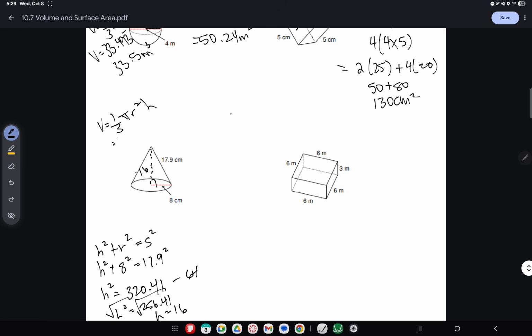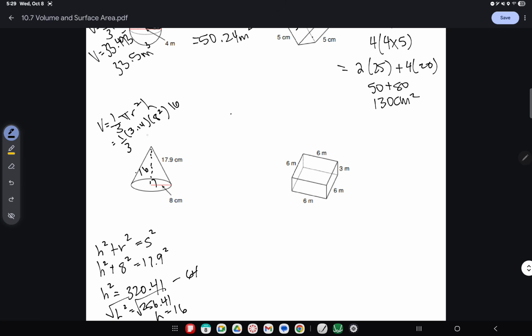So the volume is 1/3 pi, 3.14, r squared, which is 8. And then the height is what I just found, so 16. And I can throw that in a calculator. So 1/3 times pi times r squared times 16.